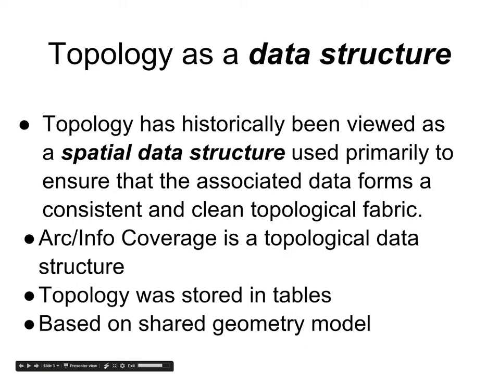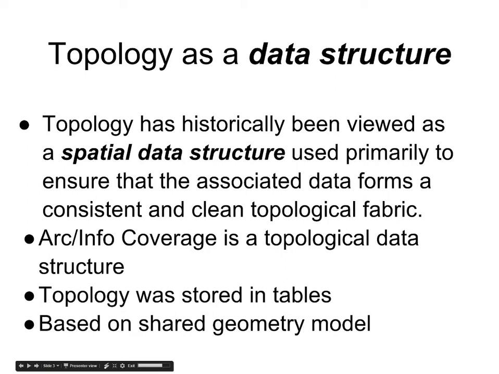If you remember looking back, we had from nodes and to nodes that gave lines connectivity and direction. We also had right polygons and left polygons on each side of the arcs. So this allowed us to look up how features were connected and the spatial relationship between them. It allowed us to look it up in a table.